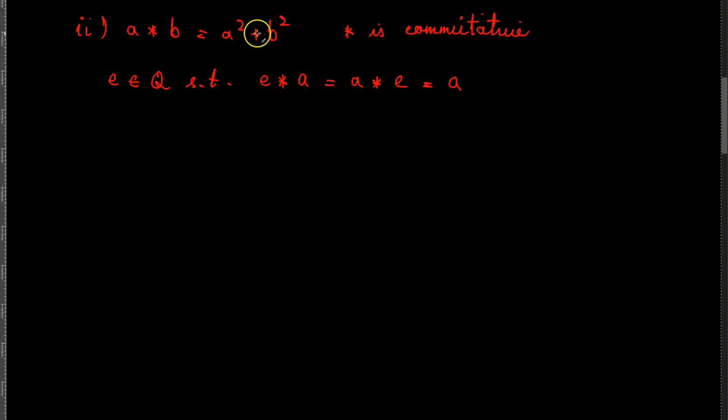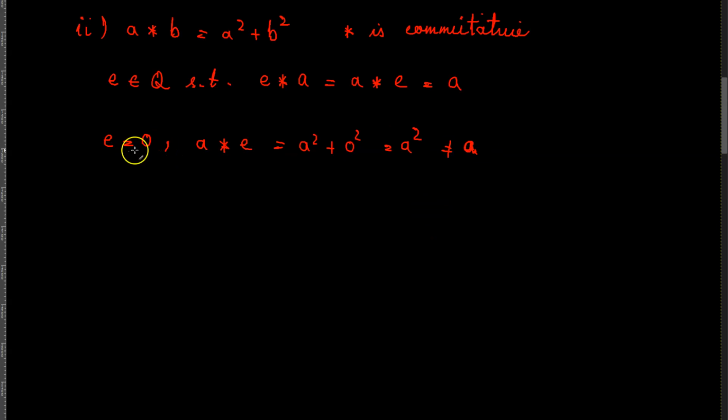No, it couldn't even be 0, because if you take E as 0, let's suppose that we take E as 0, then A star E would be equal to A squared plus 0 squared, which is equal to A squared. And this is not equal to A, right?